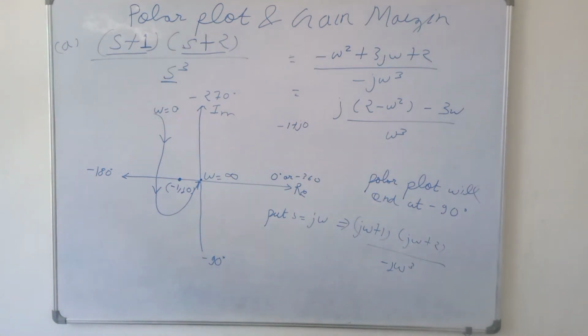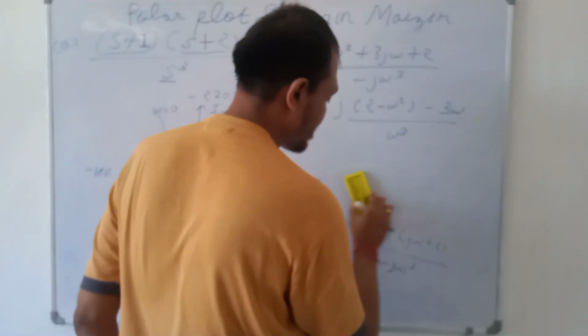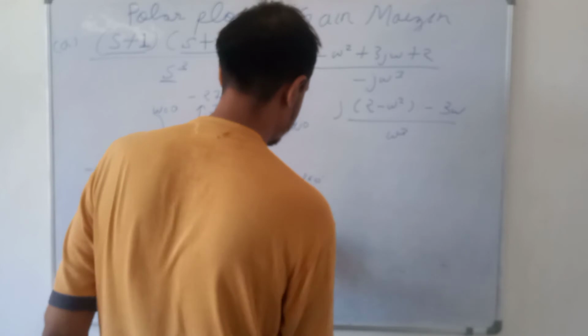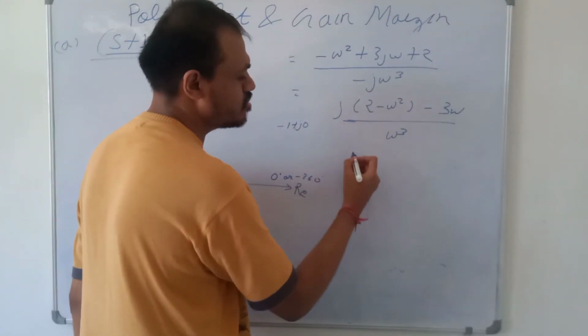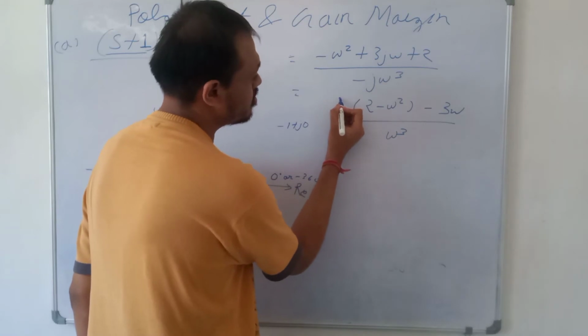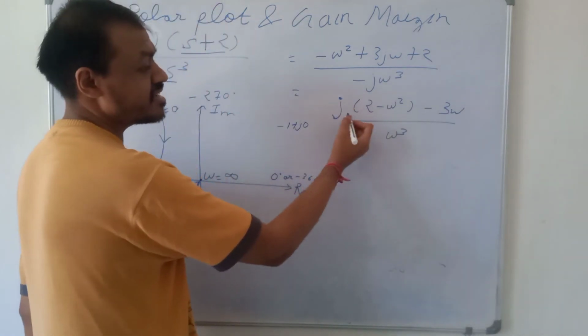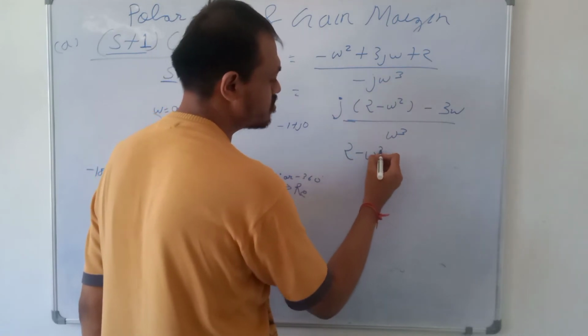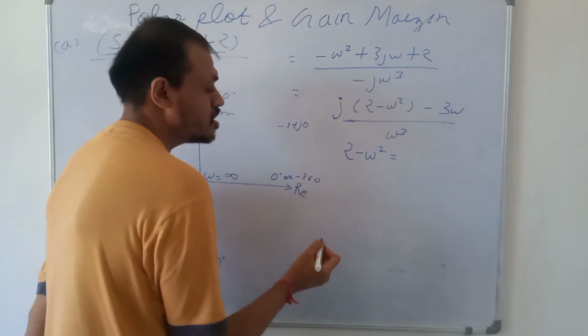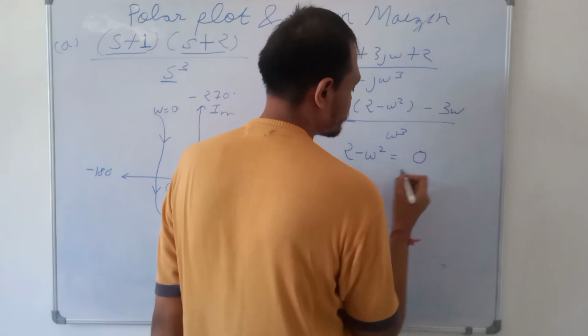So for finding the gain margin, just equate the imaginary value to 0. So if we equate the imaginary value to 0, then the term with j is 2 minus omega square. So you have to equate it to 0 to find the gain margin. So 2 minus omega square equal to 0.